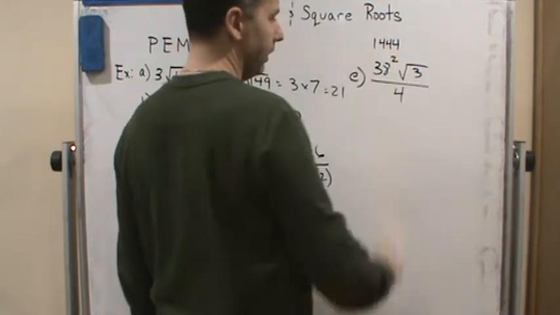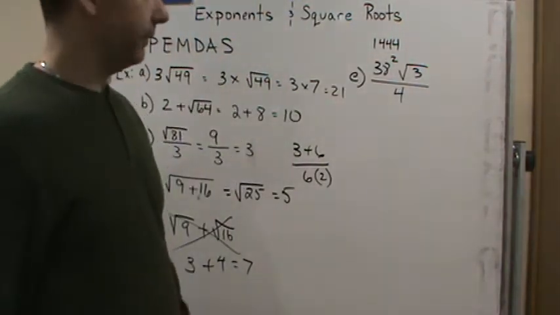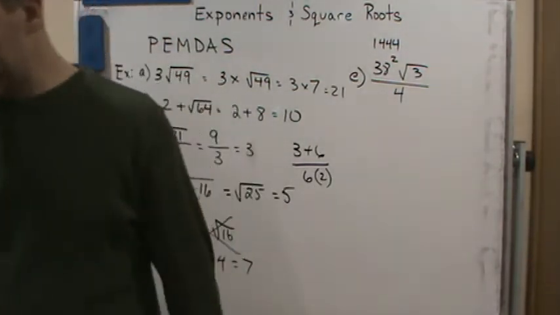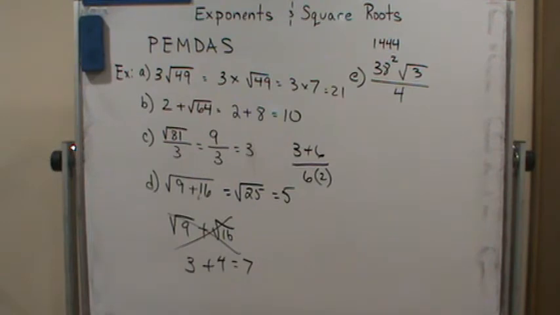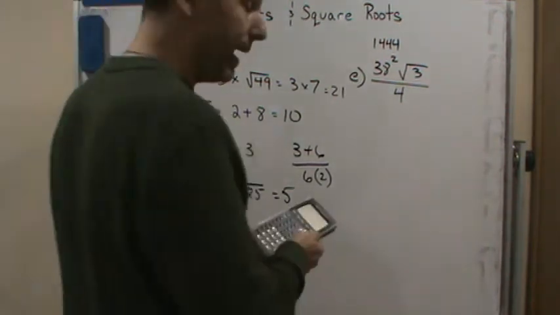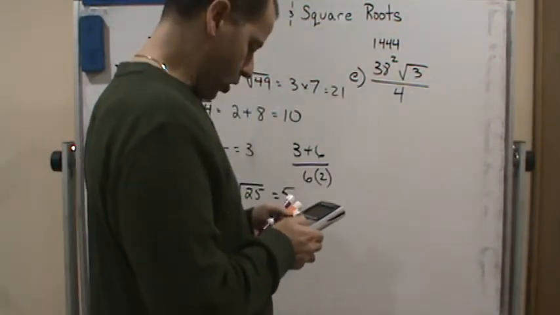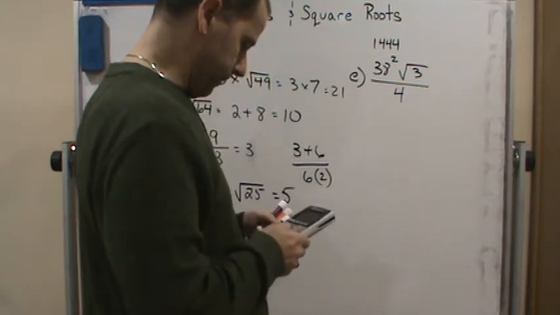But the problem is that the square root of 3, 3 is not a perfect square. So guess what? I'm going to put this in the calculator. Now I'm going to show you how I would put it in the calculator to make sure that we get the correct answer. Okay, so let me show you.